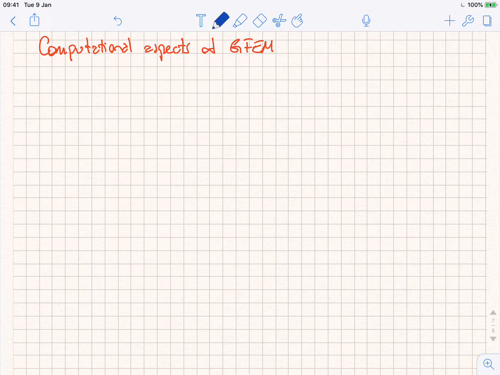There are some differences in the way we are computing the enrichment function and the derivatives, because normally enrichment functions are a function of the global coordinate x, whereas our shape functions are a function of the master domain or the parent element.